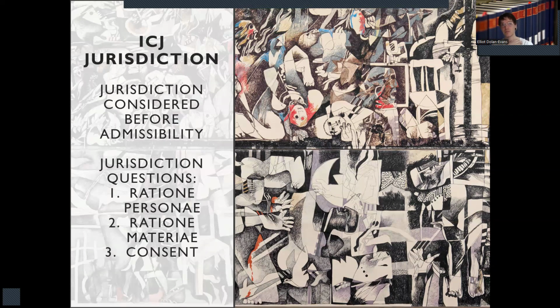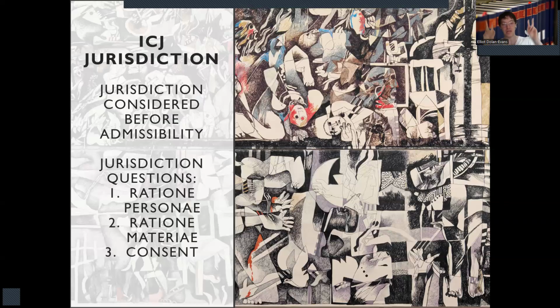Ratione materiae, or thinking about the subject jurisdiction, is made up of two aspects. The first one is the existence of some kind of dispute, because the court is there to resolve disputes. It's not there to make historical inquiries, give political advice, make legal suggestions, or anything else. It has to determine some kind of contentious dispute.